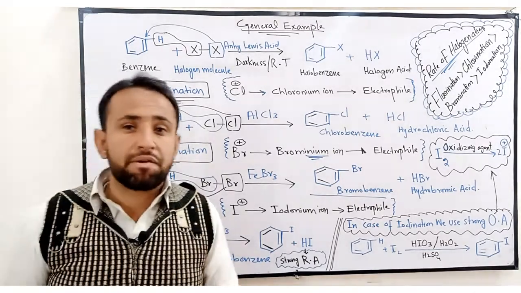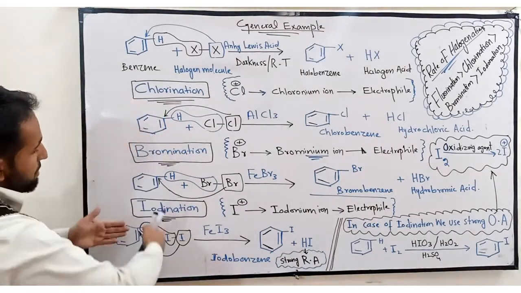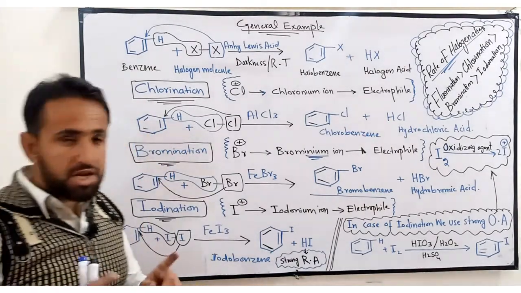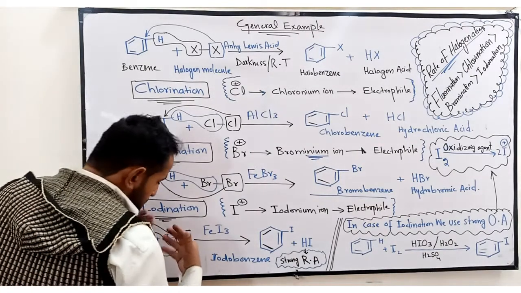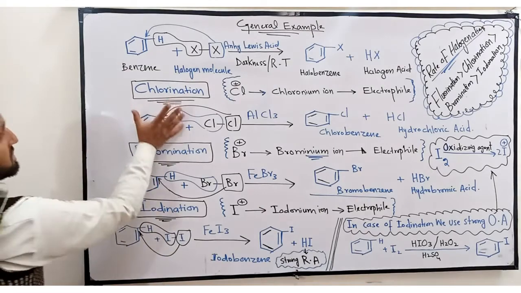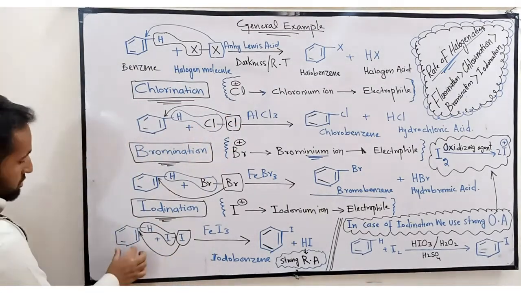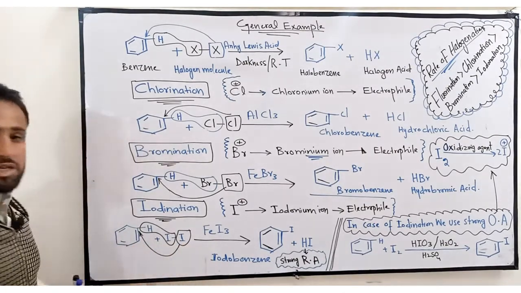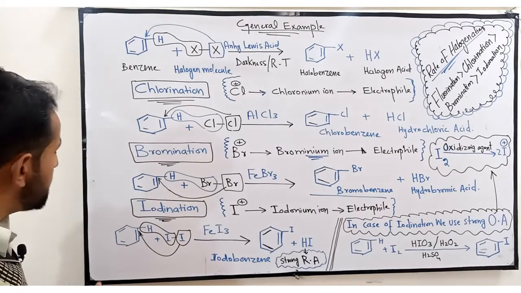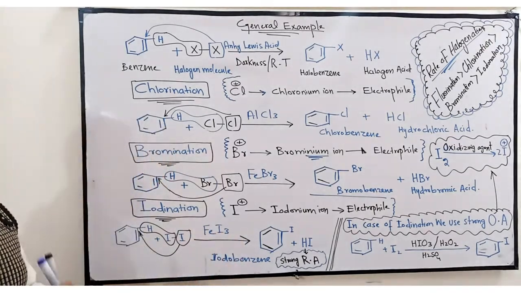I will explain the reason why these two are different from iodination. Understand? Suppose I write the reaction just like I wrote for these two. I have taken a benzene molecule and reacted it with an iodine molecule, and I have used a catalyst, a Lewis acid.